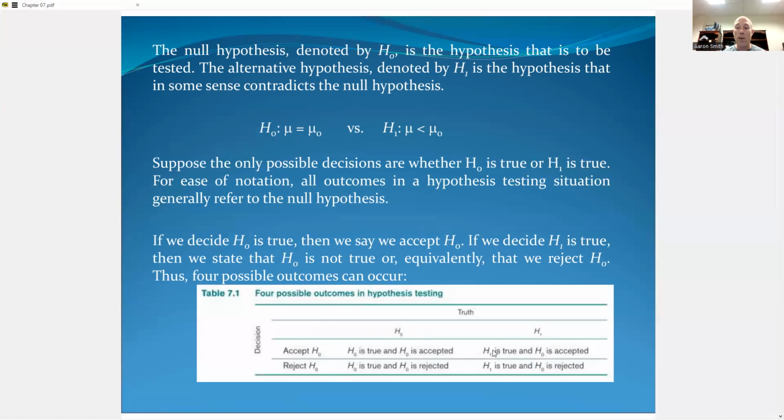So here, this is a mistake. There's a problem. If I reject the null hypothesis when the null was in fact correct, once again, I made a mistake. So two of the possibilities, on this diagonal, are correct, and these two off-diagonal entries are incorrect conclusions.